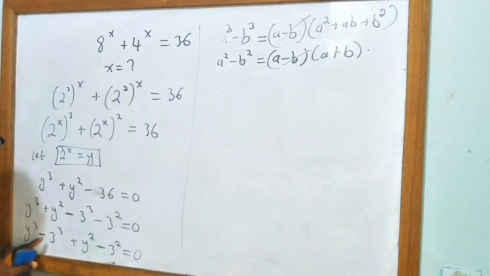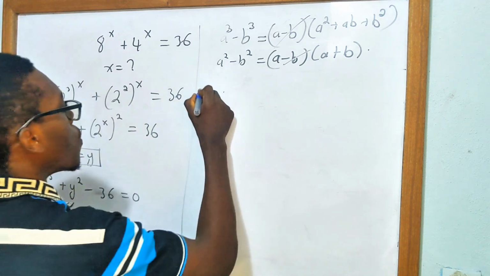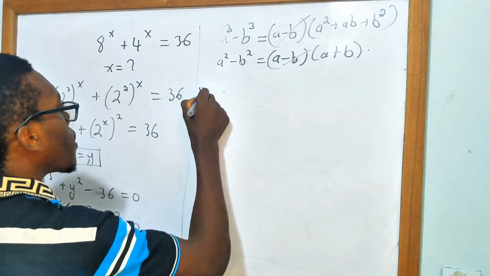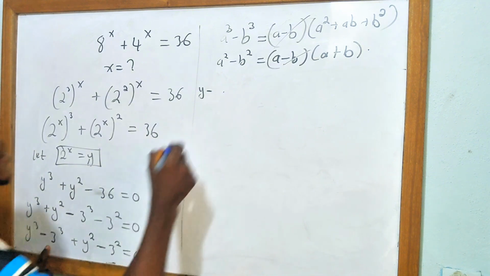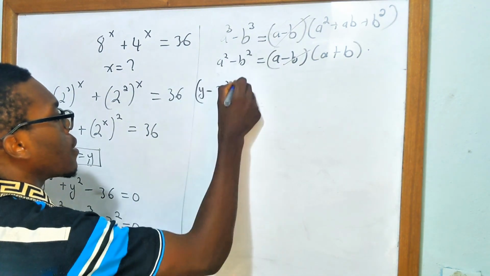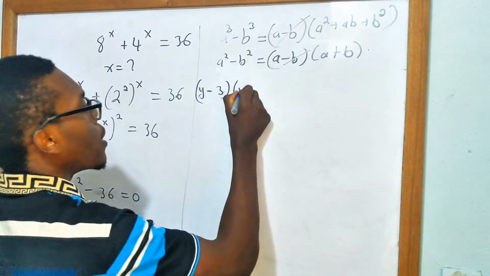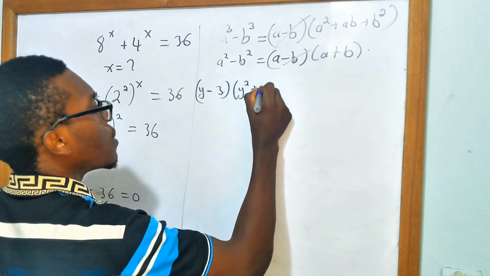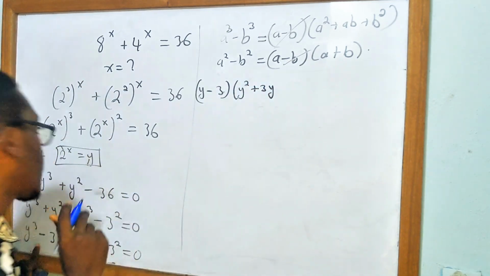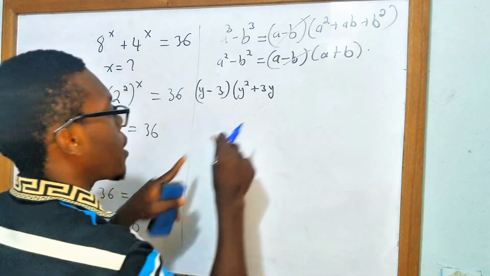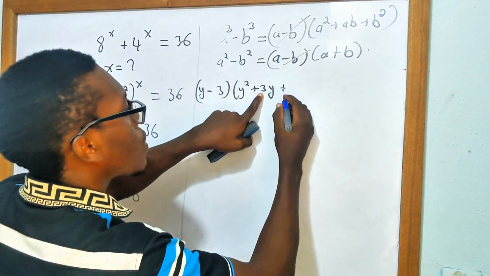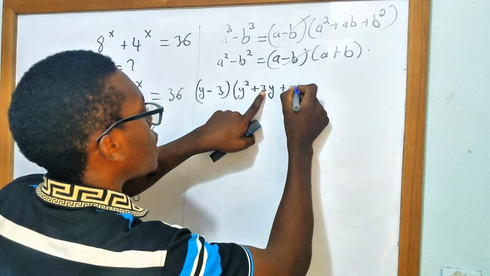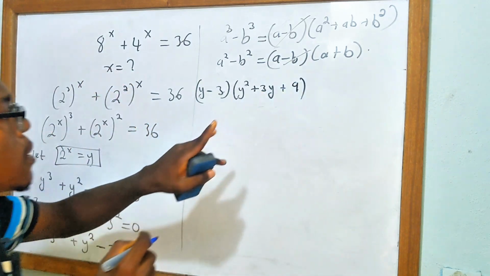Now, we take a as y, minus, because we have y minus 3. Our b is 3. So y minus 3 into y squared plus 3y plus 9.